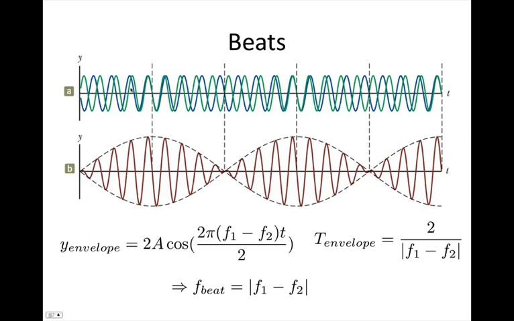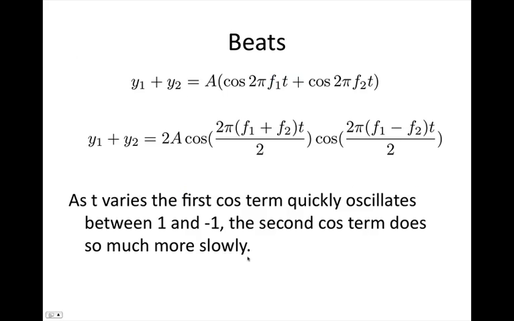As we superimpose these functions, here's the slow oscillation due to f1 minus f2, and here's the rapid oscillation due to f1 plus f2. So this envelope, the dotted line here, is described by 2A cos(2π(f1 − f2)t/2). So that's given by this part of this function.